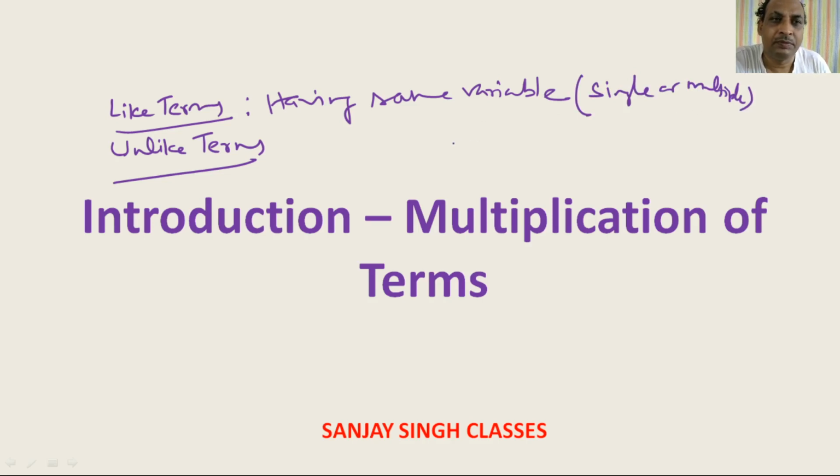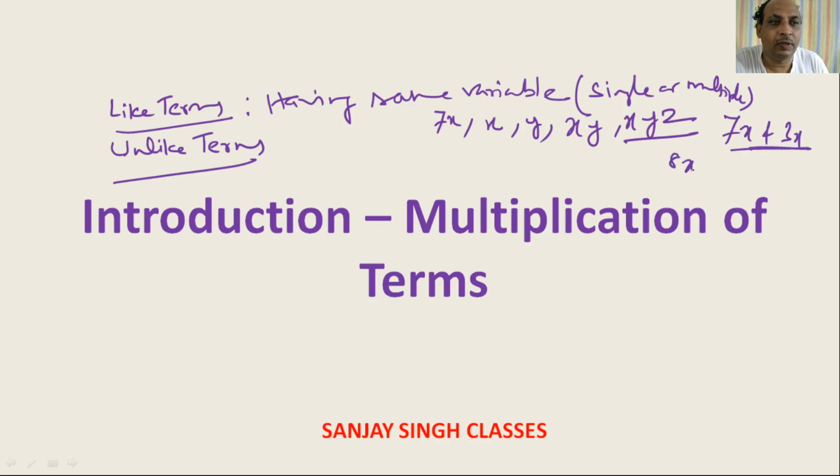Like we may have 7x or x itself, then y itself, or xy or xyz. So a combination of variables may be there, or a single variable. So we can say that 7x and 3x are like terms, 8xyz and 5xyz are like terms because they are having the same variable. Okay, right.